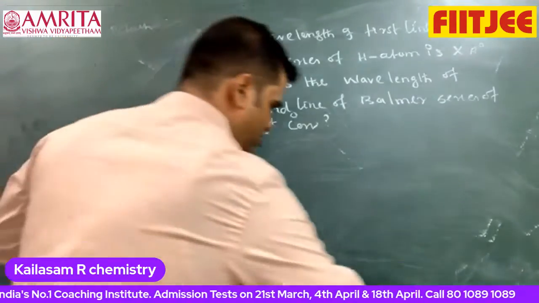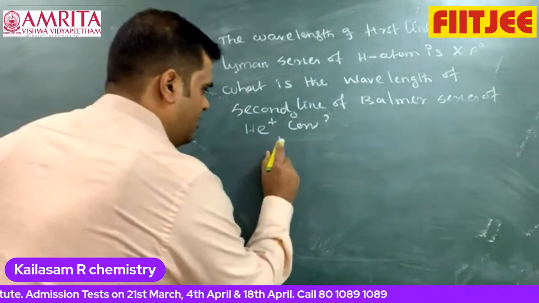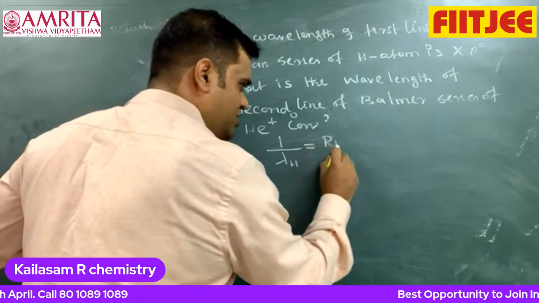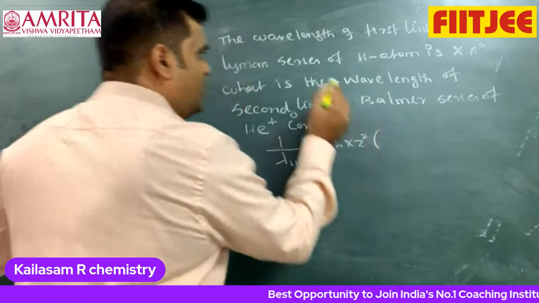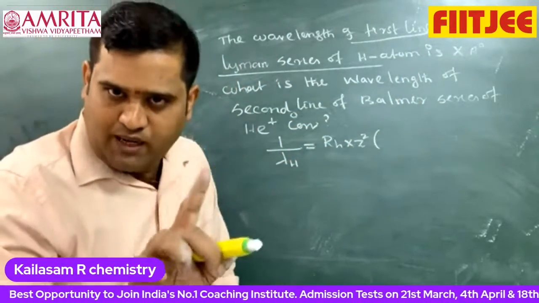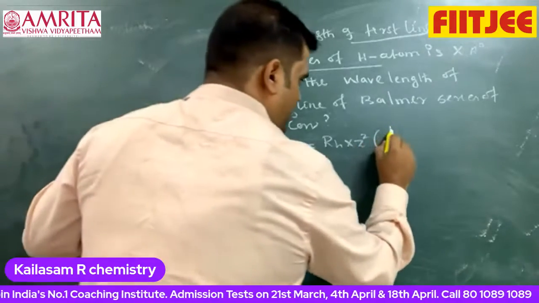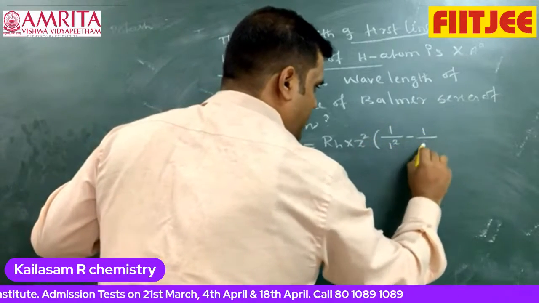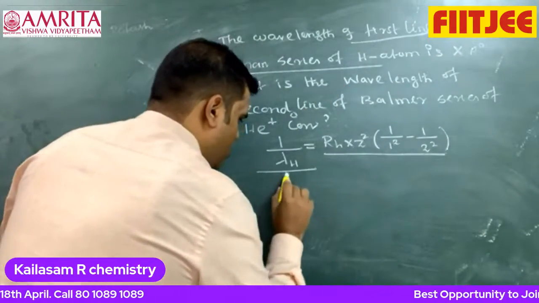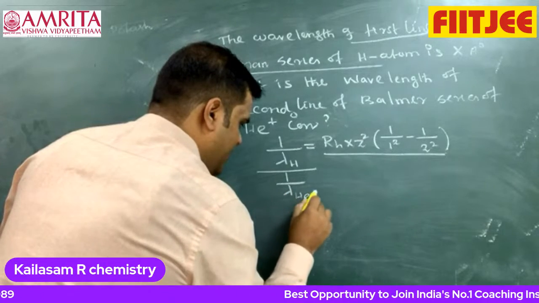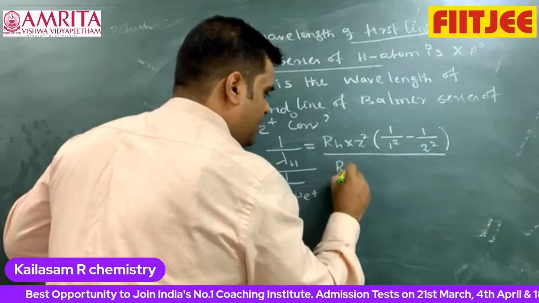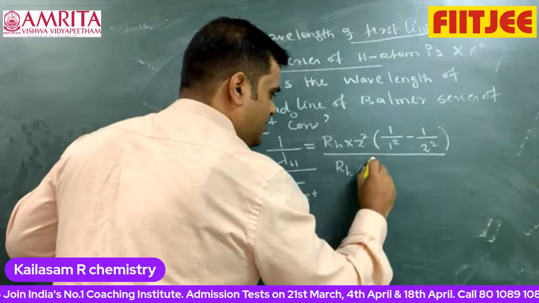Now look at the solution. 1 by lambda of hydrogen equals RH into Z squared. The first line of the Lyman series means n1 equals 1, n2 equals 2, so 1 by 1 squared minus 1 by 2 squared. Then 1 by lambda of helium plus equals RH into Z squared.